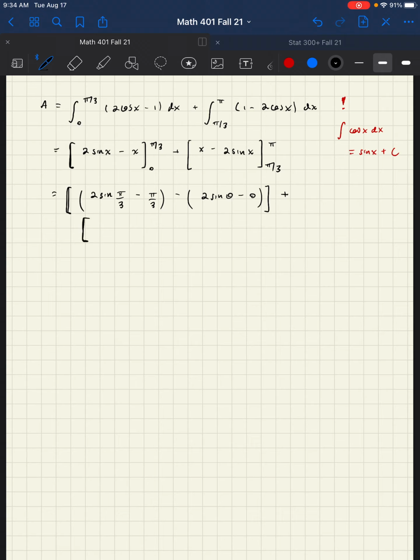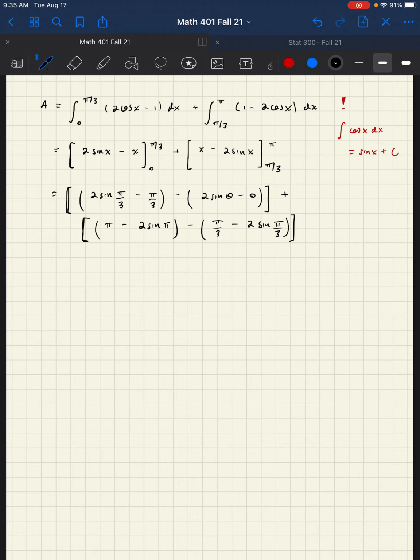Plus, I'm going to put that on the second line here. I'm going to have (pi minus 2 sine of pi) minus (pi over 3 minus 2 sine of pi over 3). Okay, so some helpful things here.